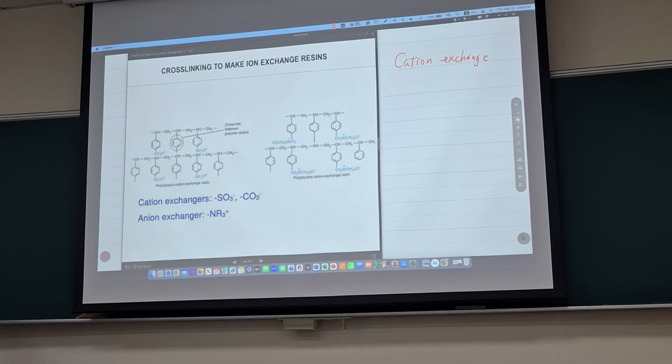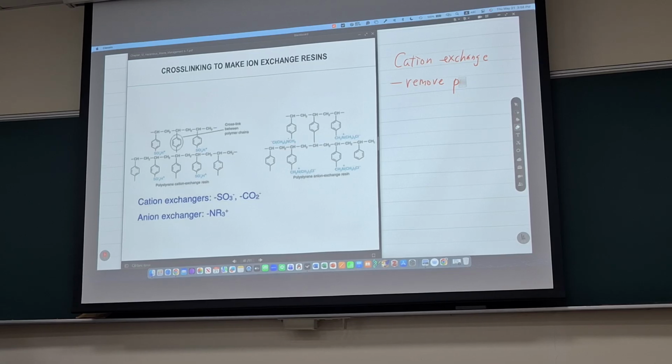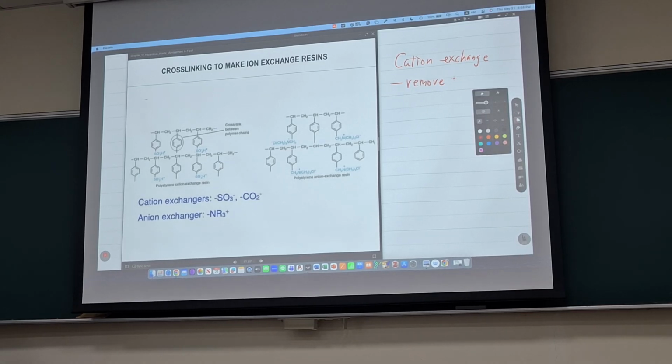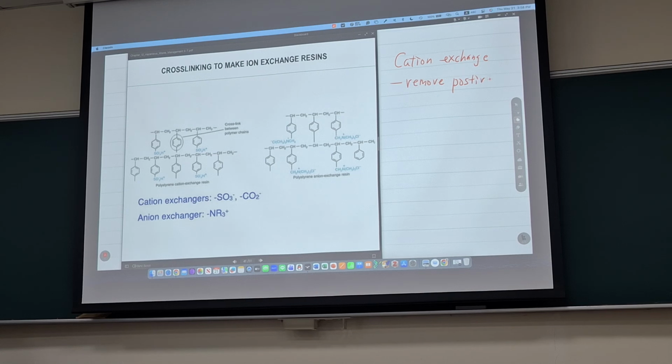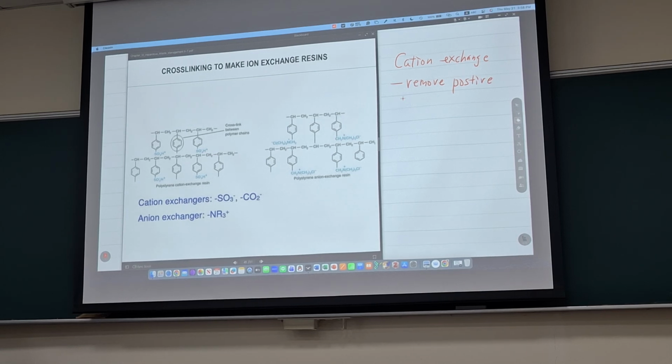The cation exchange is used to remove positive ions.